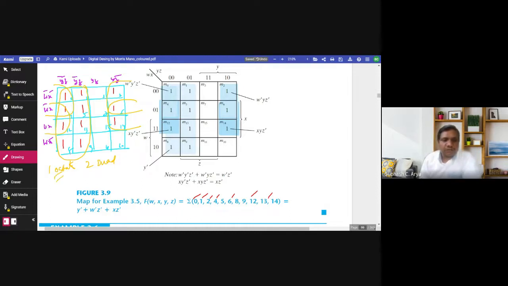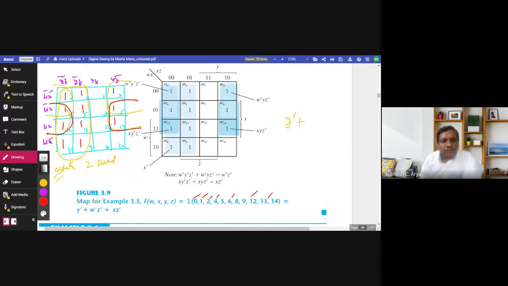First the octet. If we go row wise, everything cancels, only 2 columns are there. In these 2 columns, y bar is covered. So we write the answer as y bar plus. Now go to quad number 1, this one and this one.